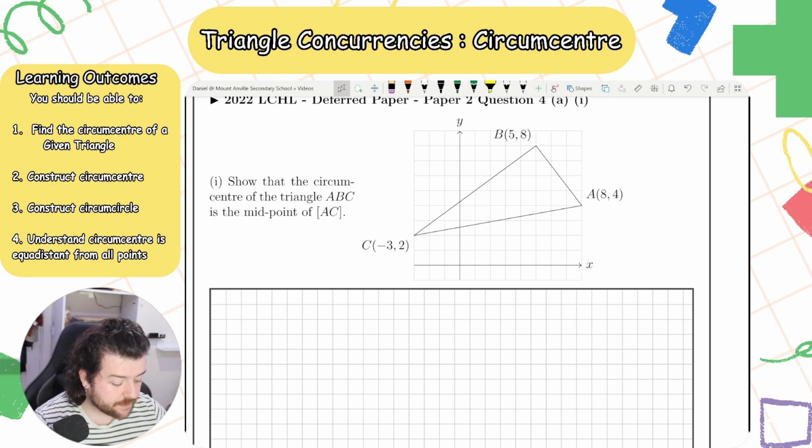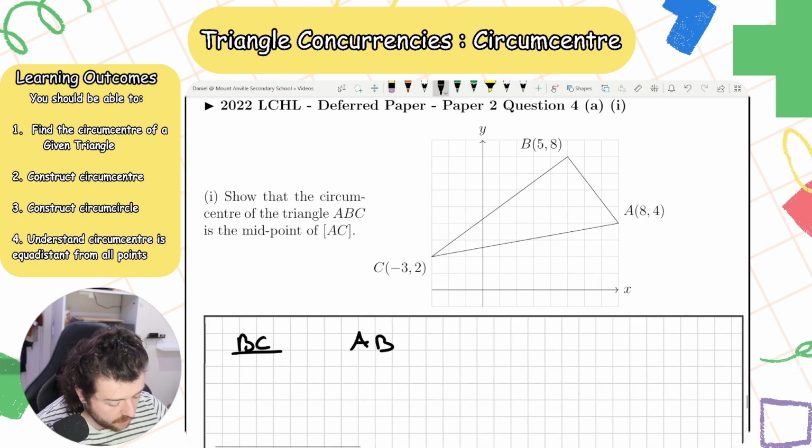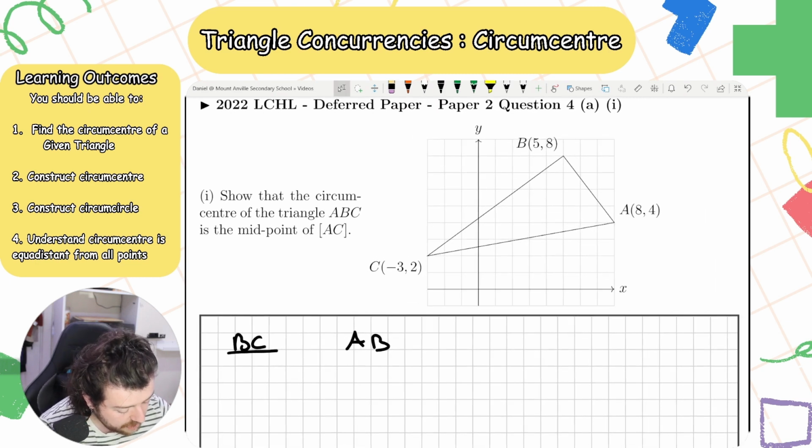So let's calculate it here. So I'm going to look at BC and AB. So what's my slope of BC? I have my grid lines here, so I'm going to use rise over run just to save myself from doing it.